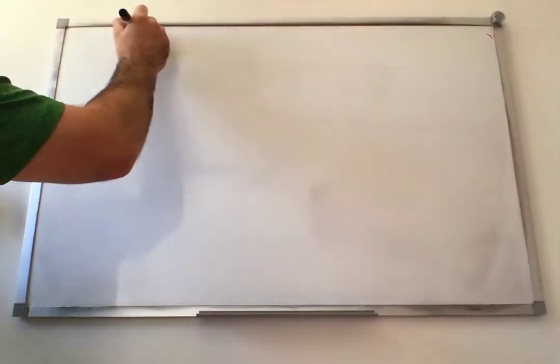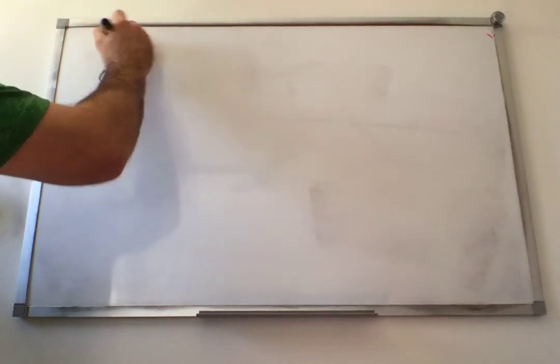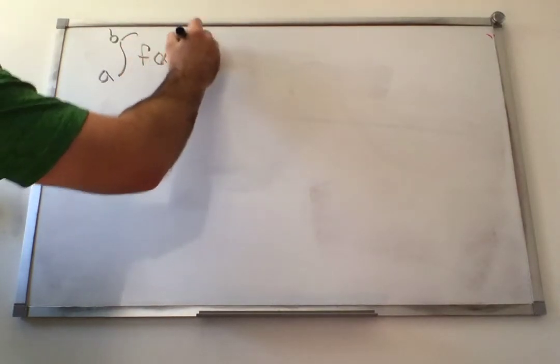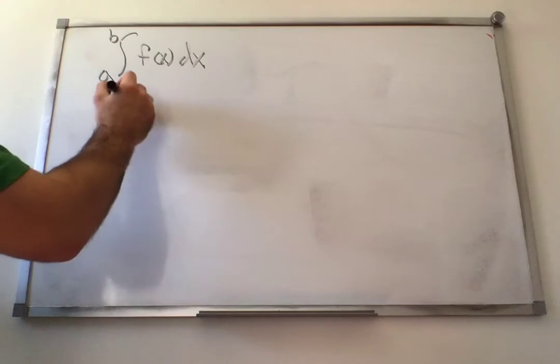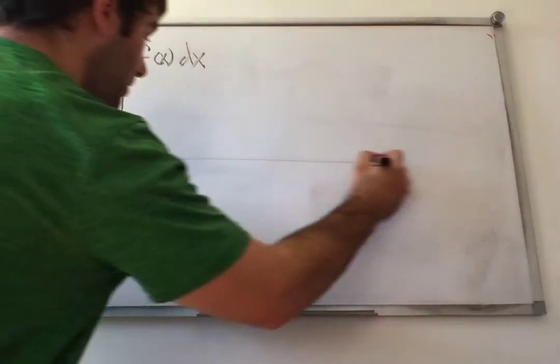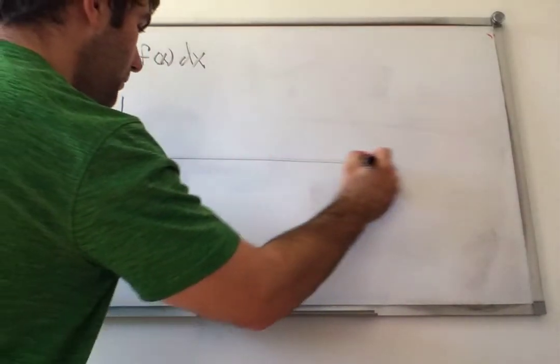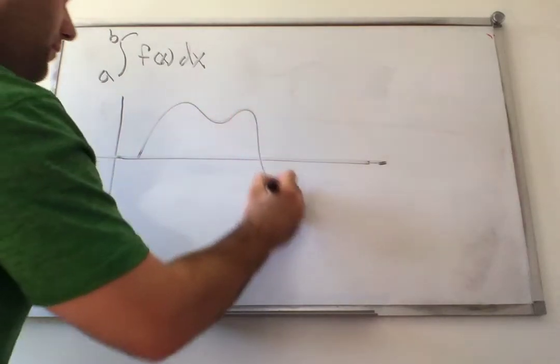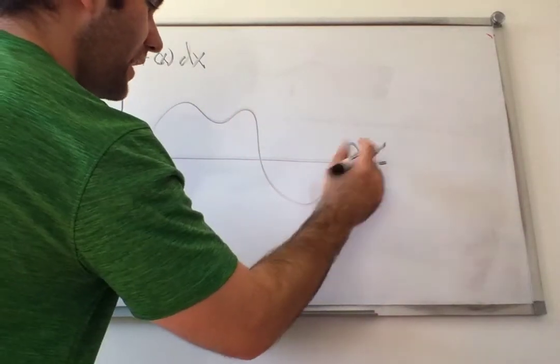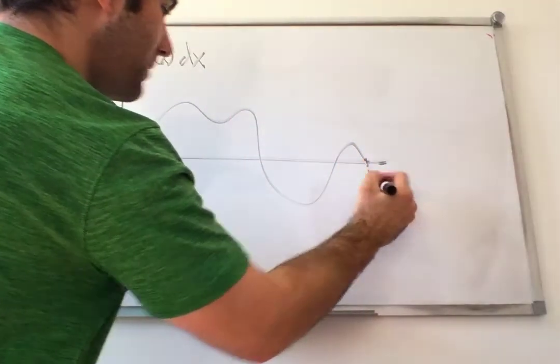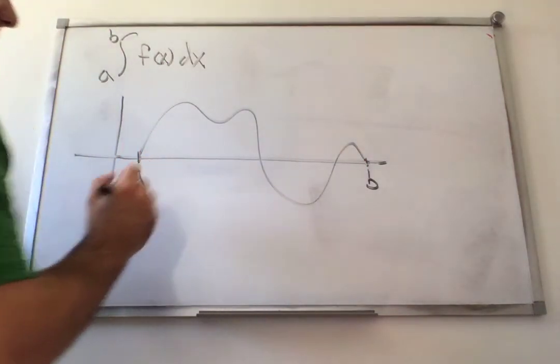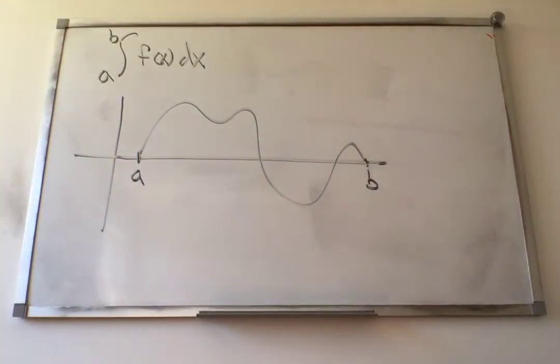So to sum this up, the integral from a to b of f of x dx, if I just have some generic curve like that, let's say I let there be b, I let there be a. Let me get different colors for this.